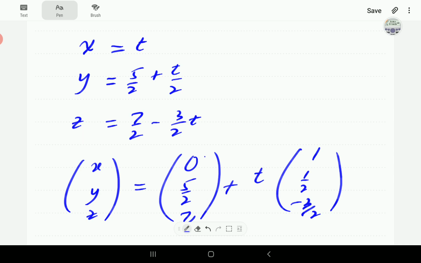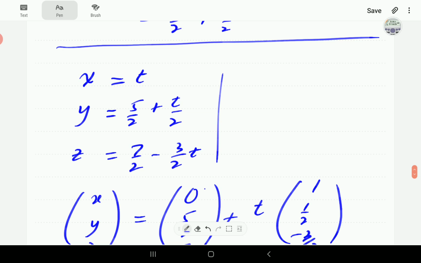Still, from the parametric form, we can derive the symmetric form of the equation of the line of intersection if we make t the subject of the formula. So from the first equation, t is equal to x. From the second equation, t is going to be 2y minus 5.